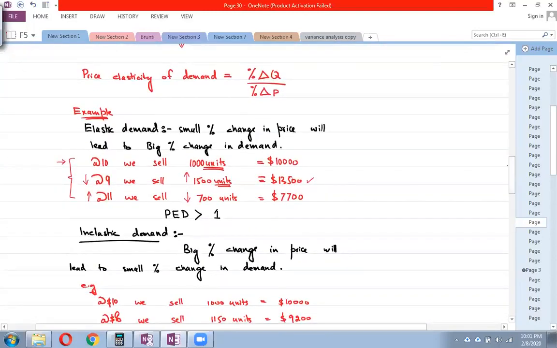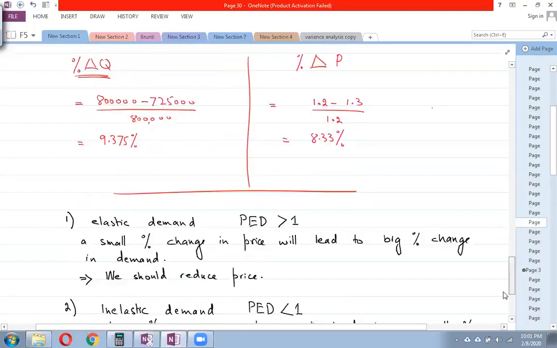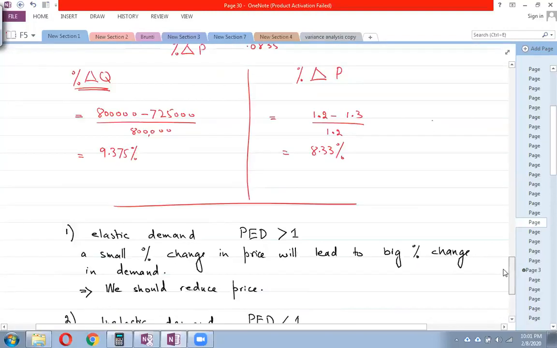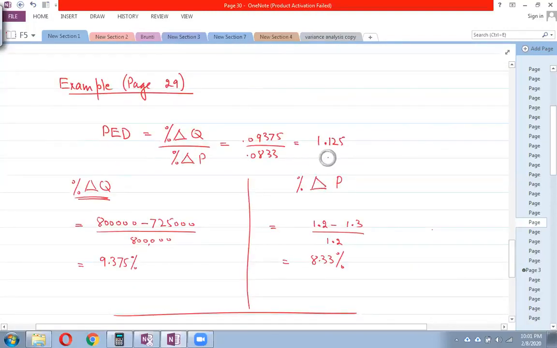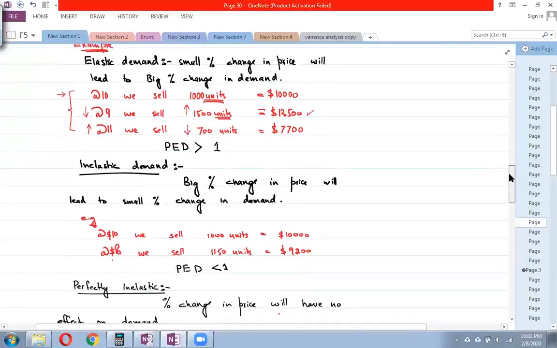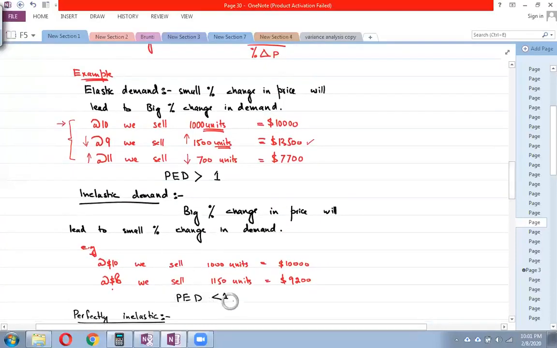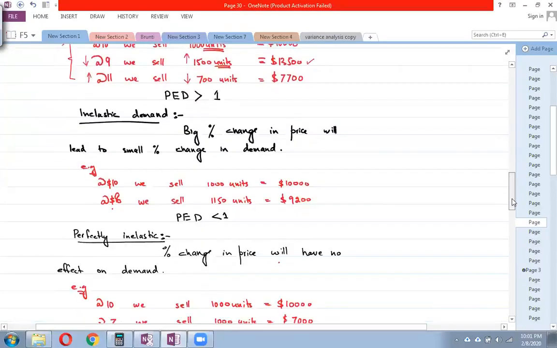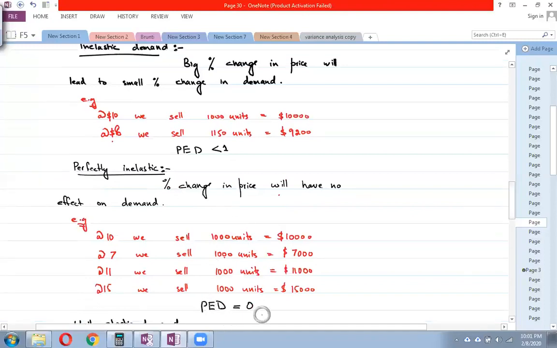Can you see? Elastic product will give you price elasticity of demand greater than 1. And our answer over here that we have calculated was greater than 1, so it is an elastic product. Inelastic products: there will be change, but the change in the demand will be very less. Perfectly inelastic, not affected at all.